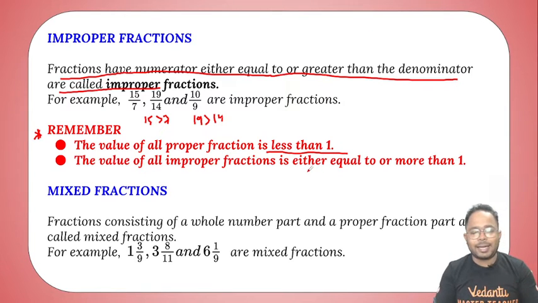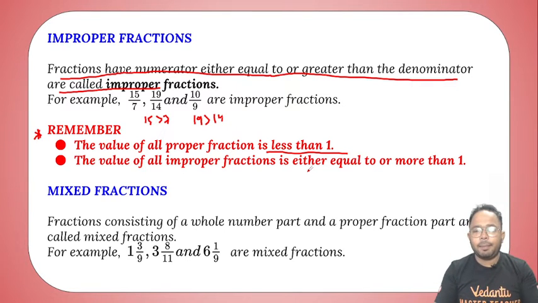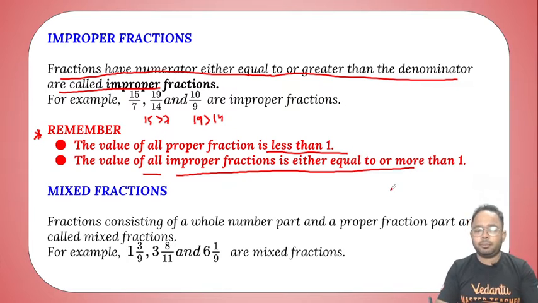And that's what I said, that whenever it's a proper fraction, we will represent that fraction on the number line between 0 and 1. And the value of all improper fractions will be either equal to or more than 1.